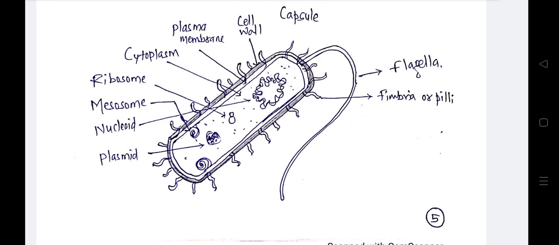On that basis: the monotrichous type of flagella is studied in dash dash bacteria. The answer is Vibrio. Amphitrichous is studied in dash dash bacteria. The answer is Nitrosomonas, and like that. Peritrichous is found in Clostridium.